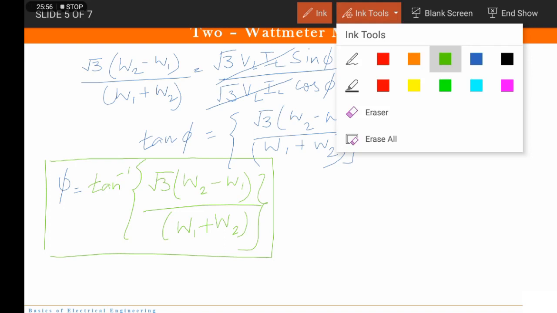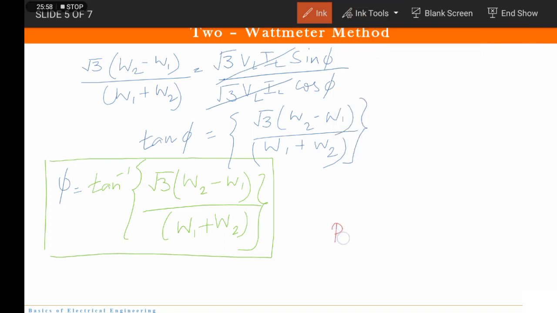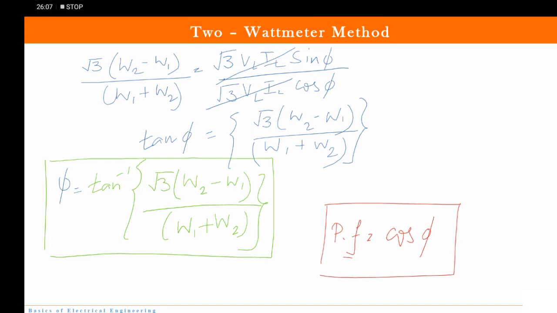Once I know phi, I can calculate the power factor, which is cos phi. This method helps us calculate all kinds of power because it gives you W1 and W2. By adding the powers you get one quantity, by subtracting you get another, and you can also calculate the power factor. So this method is very advantageous.